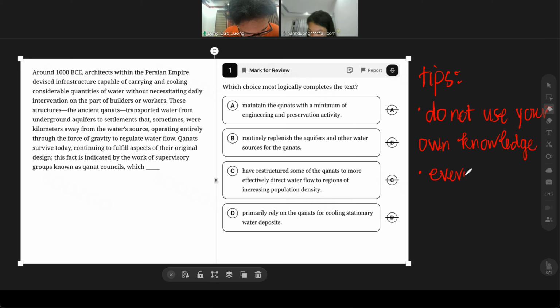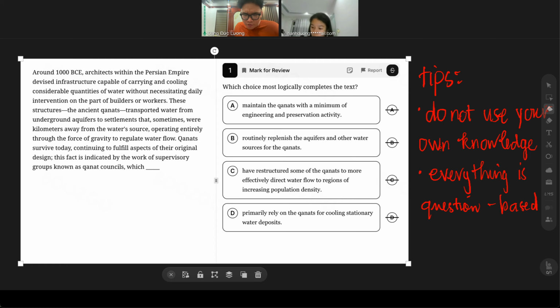Everything is question based. The right answer is question based. The wrong answer is not. The wrong answer is not a feasible statement.